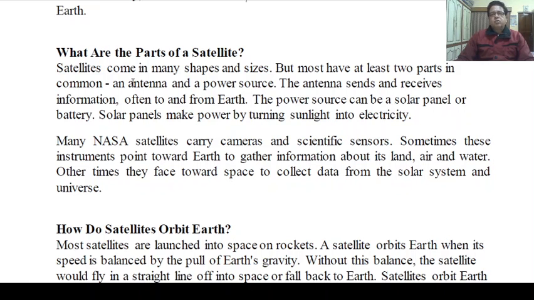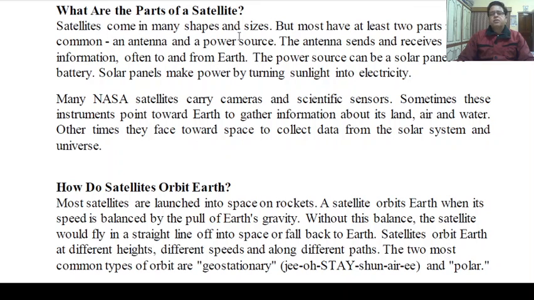What are the parts of a satellite that we already discussed? This article takes a quite different approach. Both articles are written by different persons.